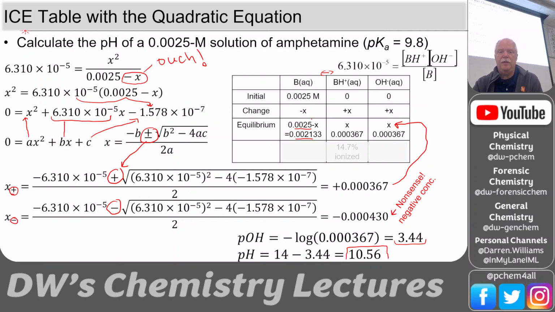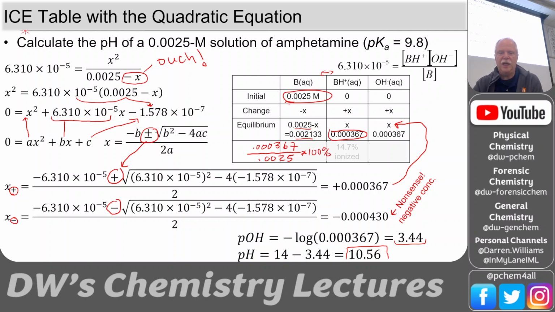And then we could do the part over whole. We could take this amount right here and divide it by the whole. So 0.000367 over 0.0025 times 100%.